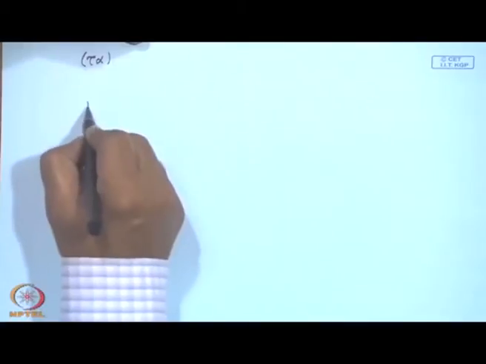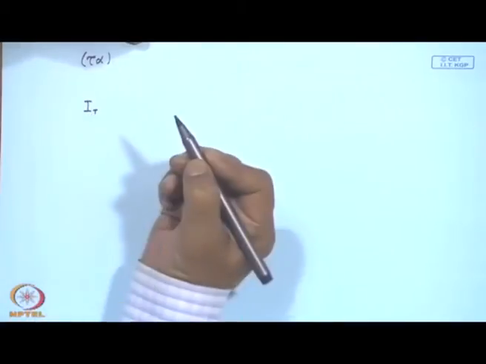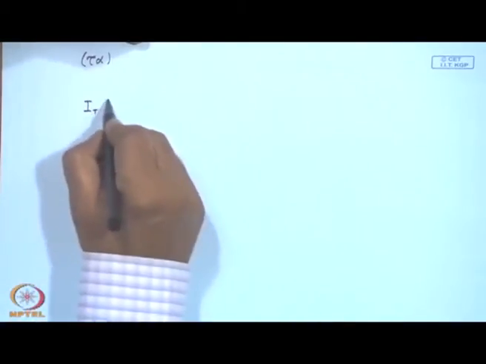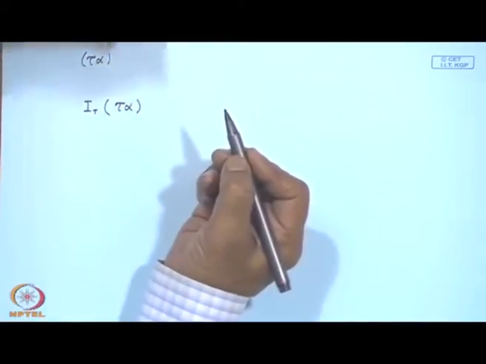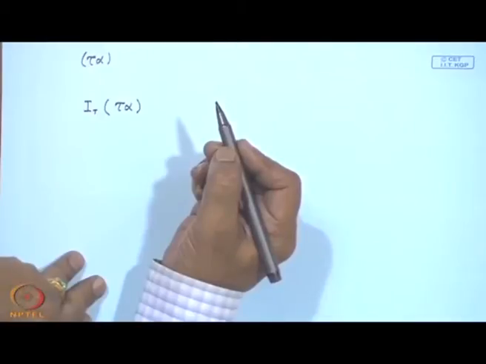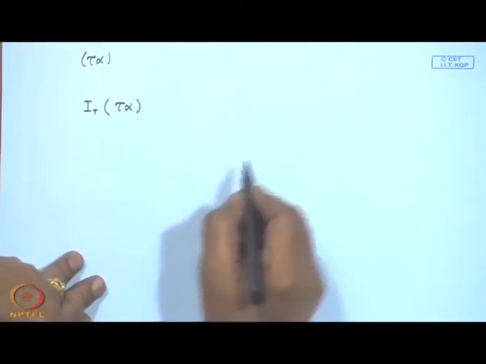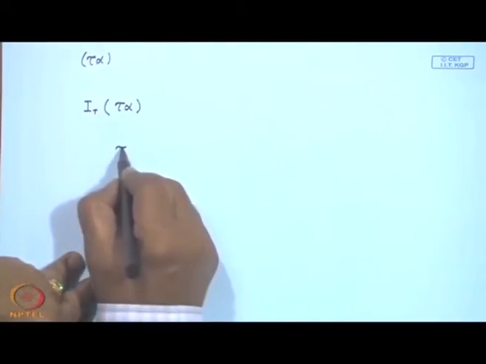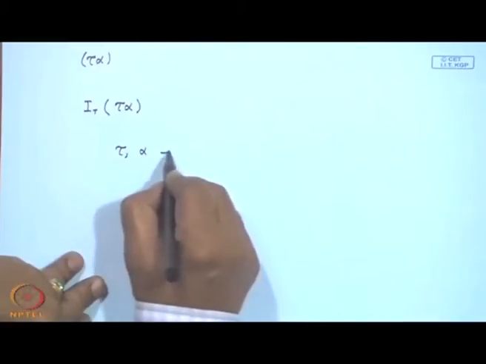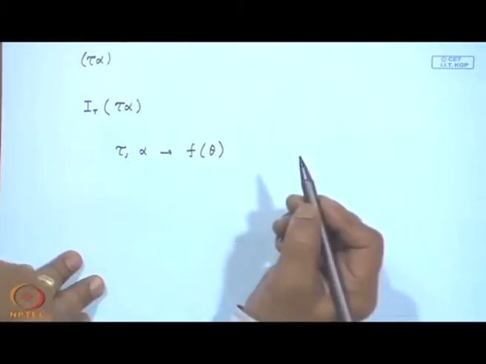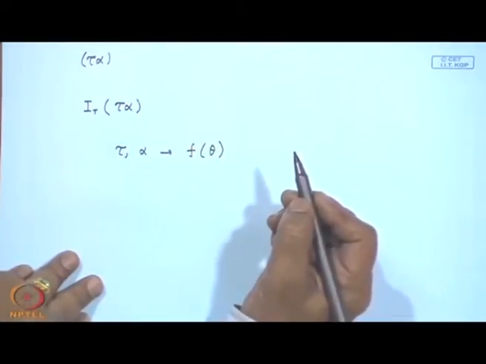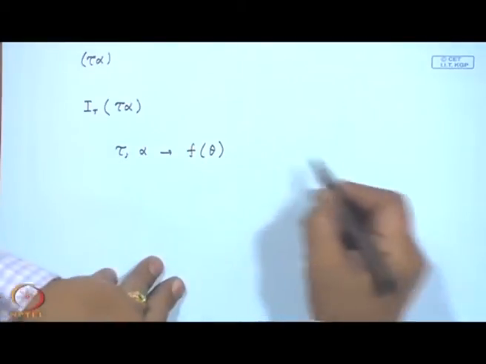So, if I_T is the incoming radiation, I_T times tau alpha will be the absorbed radiation. Now, this tau and alpha will be functions of the angle of incidence theta. This you can easily understand.